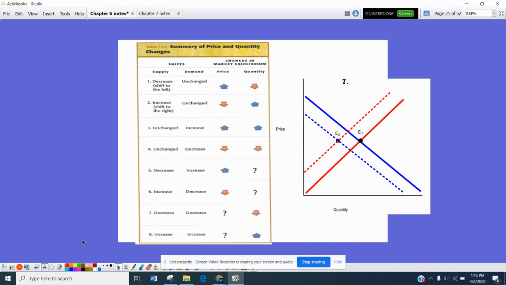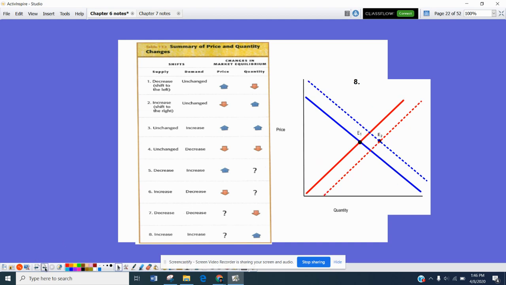Number 7, we have a decrease of both supply and demand. So both curves are going to be moving to the left, and as a result, your price is going to, for the most part, remain roughly the same, which is really kind of amazing. But the supply and demand obviously is going to be changing.